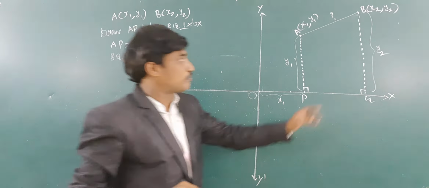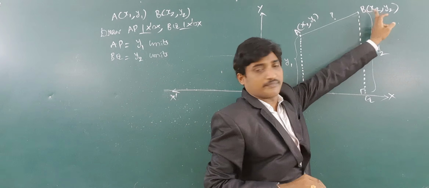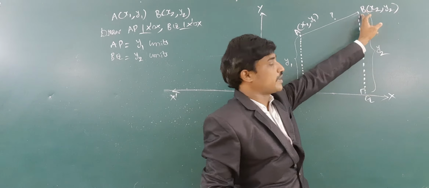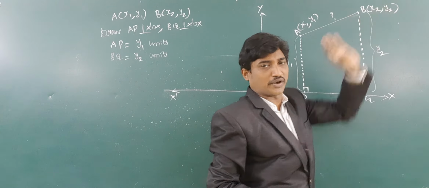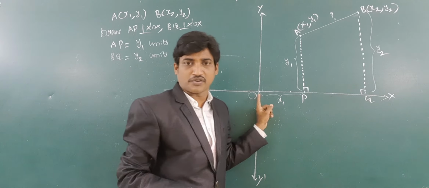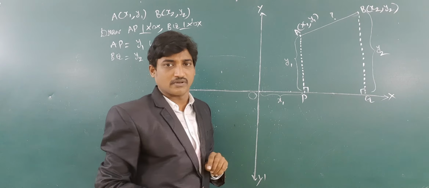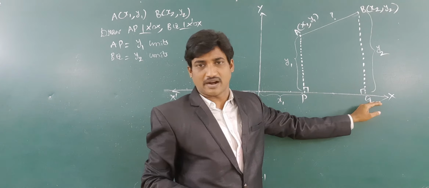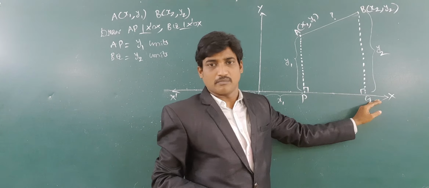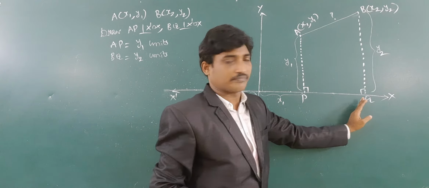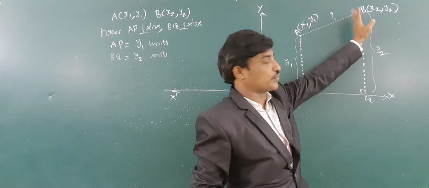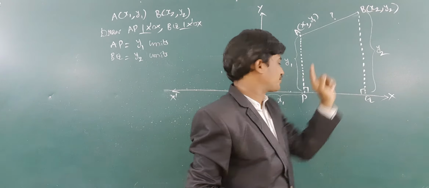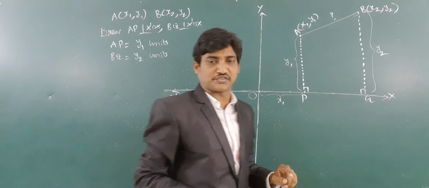To locate the point B of the ordered pair x2, y2, starting from the origin O, we move along x2 units and then move vertically y2 units, so OQ is nothing but x2.